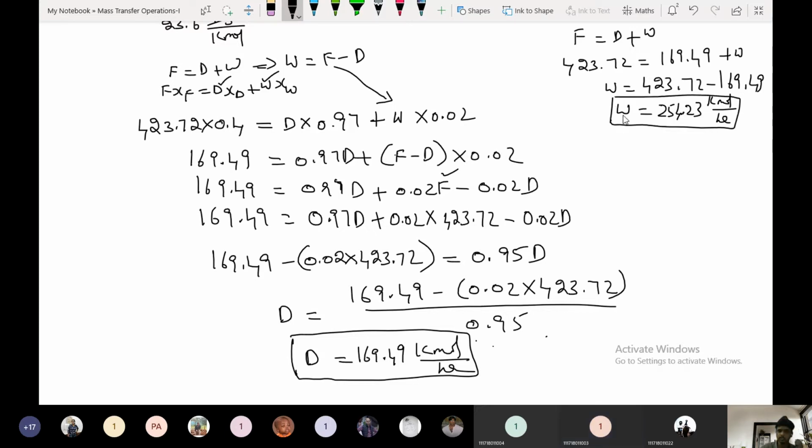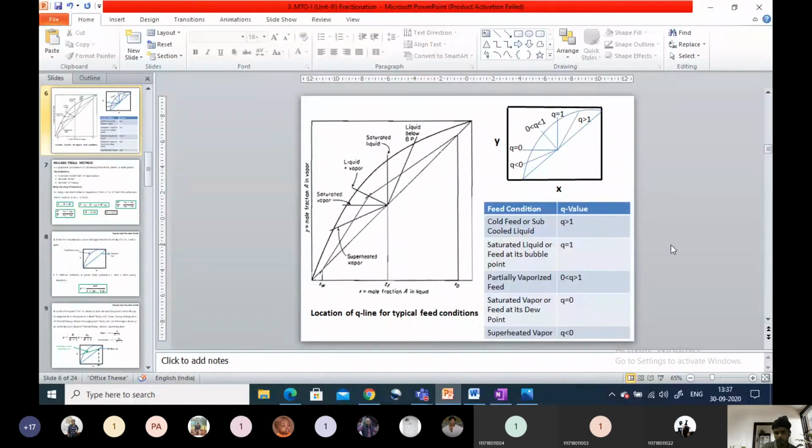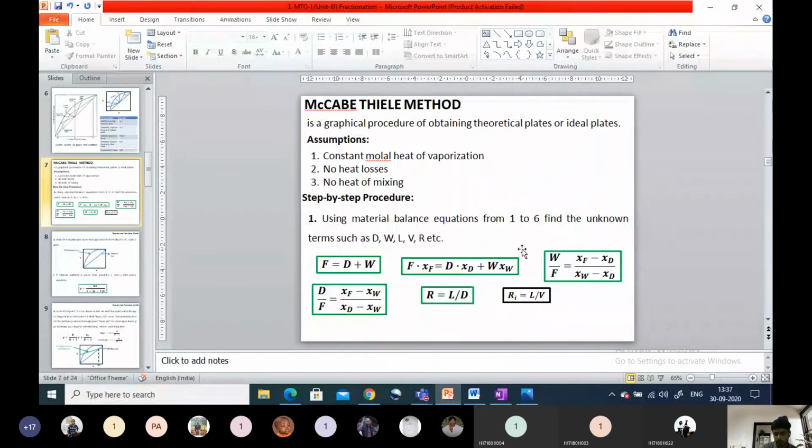One way is to just use these equations, or the other way is, if you remember, we have earlier derived many material balance equations. Whatever the unknown parameters are, you can use this formula. Our unknown is D, whereas all these parameters we know. So we can directly use D by F is equal to (xF minus xW) by (xD minus xW).